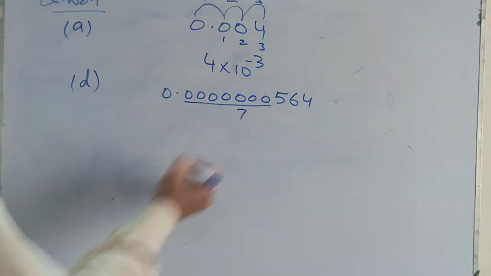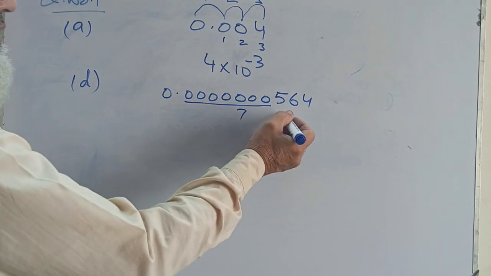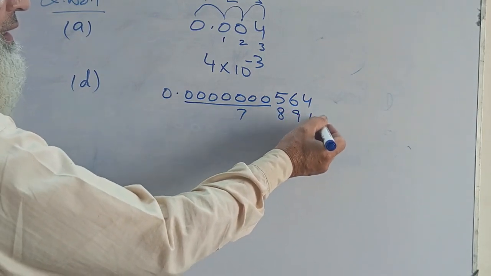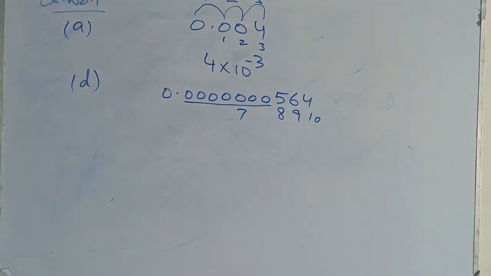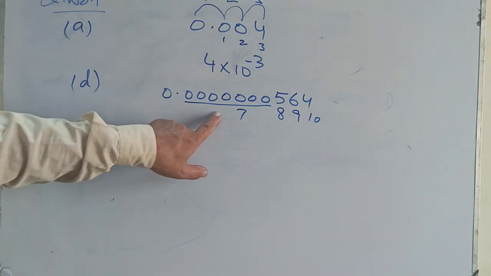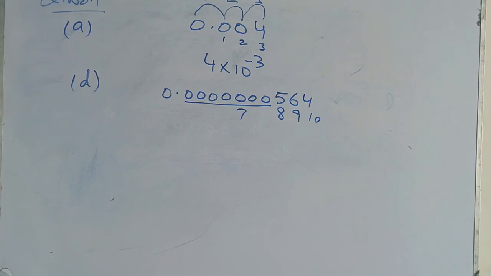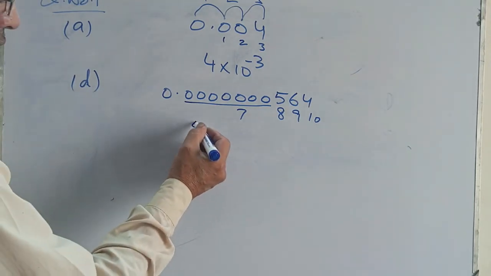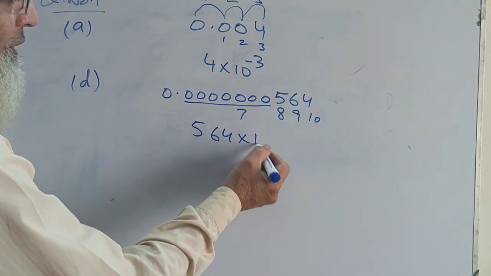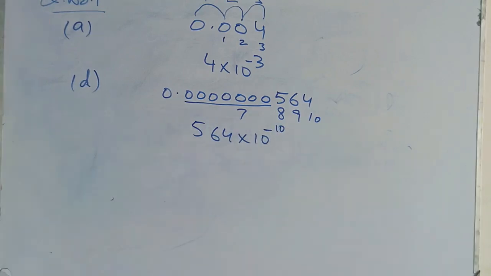Now this is the 8th digit, 9th digit, and 10th digit. 7, 8, 9, 10. So it can be written like this: 564 into 10 raised to power minus 10.